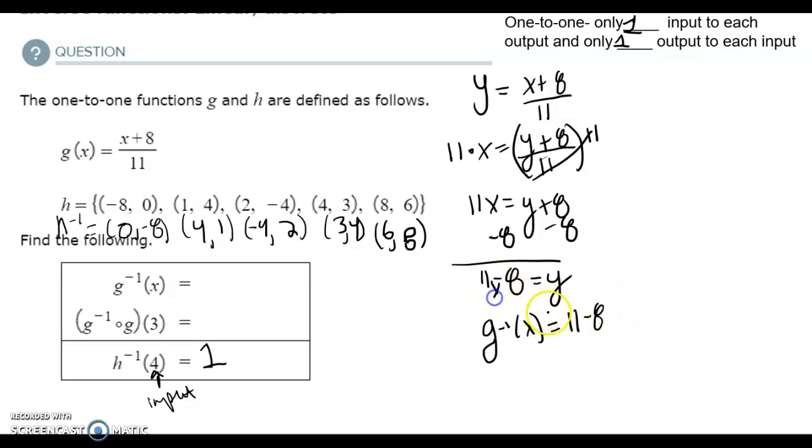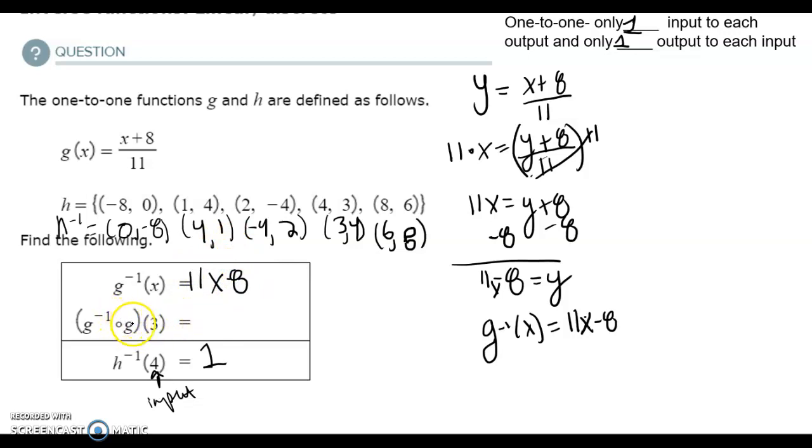Sorry, I forgot the x there. It's 11x minus 8. So my inverse of g is 11x minus 8.